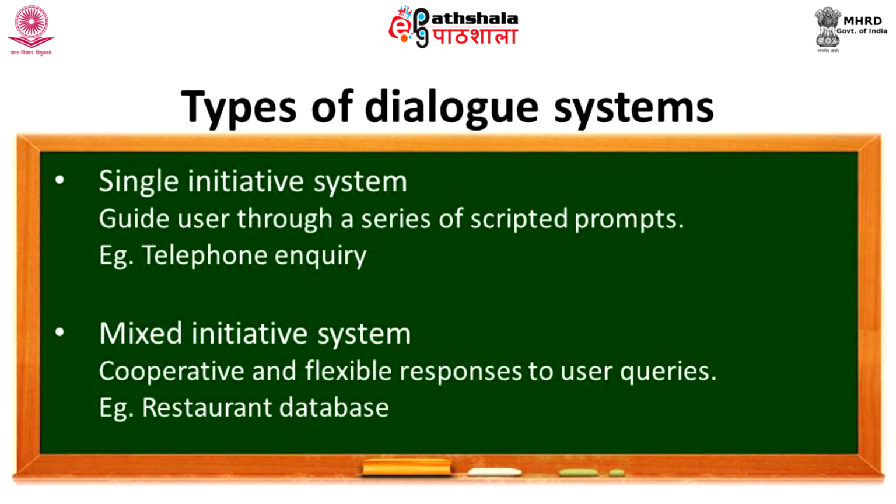In a mixed initiative system, both the system and the human have an equal role in turn taking, so they are cooperative and the responses are flexible according to the user's queries. Examples are the available systems that talk about restaurants or weather domains.